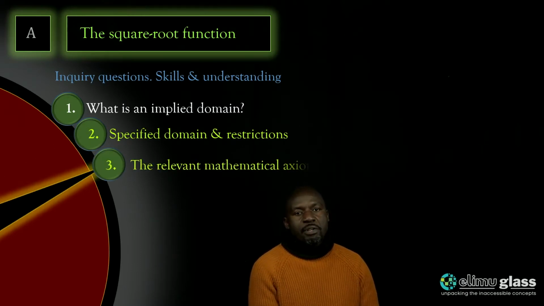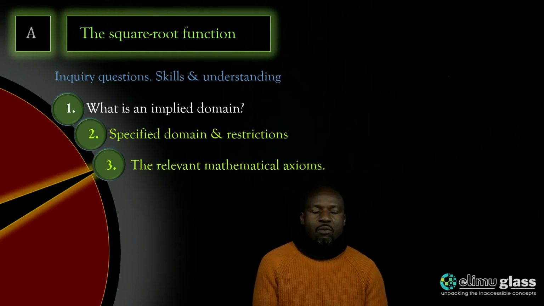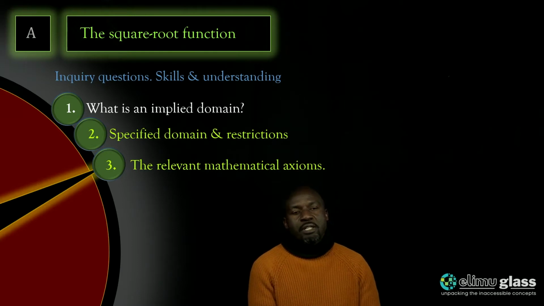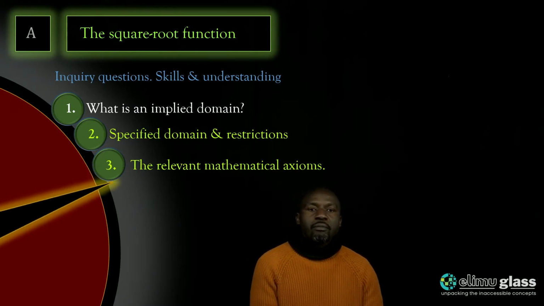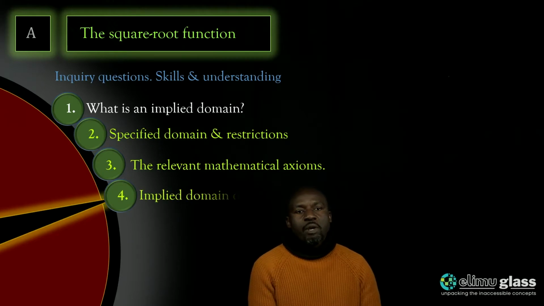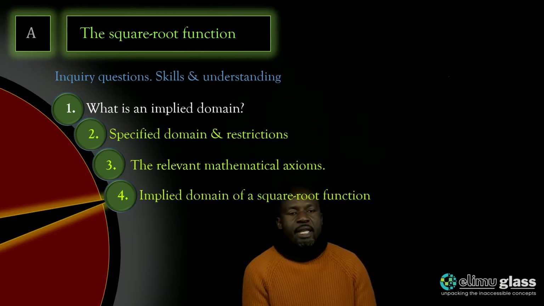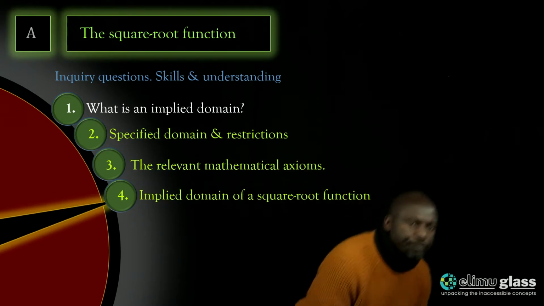Secondly, number 3, we'll look at some relevant mathematical axioms, or what we refer to as mathematical ground rules, on which some of these restrictions or implied domains will be derived from. The fourth thing we will look at, we will look, of course, at the implied domain of a square root function.